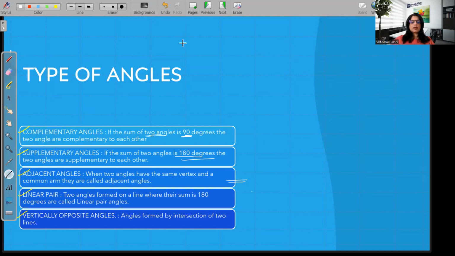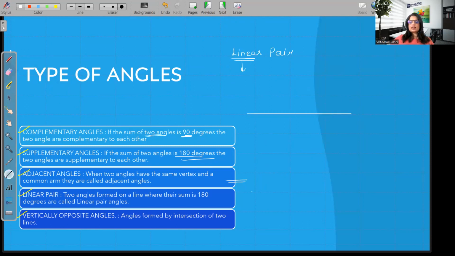I just gave you an example of adjacent supplementary angles, which is actually also an example of a linear pair. The word linear, it's very interesting to understand this. The word linear comes from line, angles formed on one line.